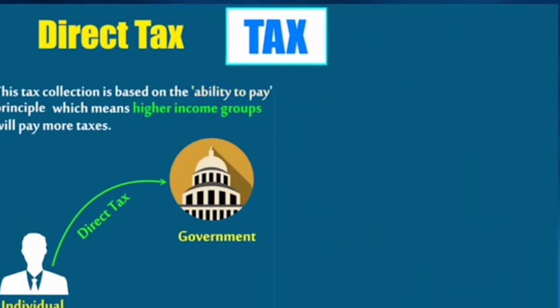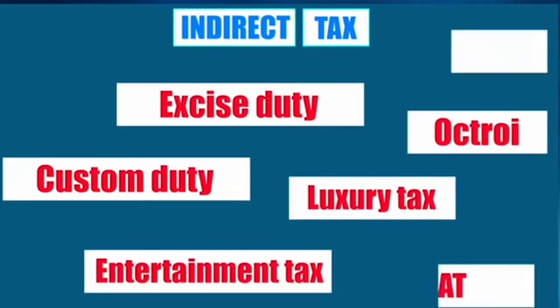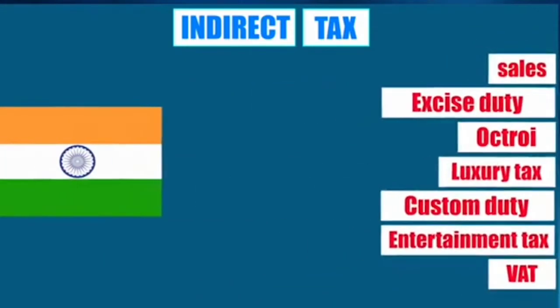Earlier, there were many taxes in this category: excise duty, custom duty, octroi, entertainment tax, luxury tax, VAT, etc. And rates of all those taxes in different states were different.